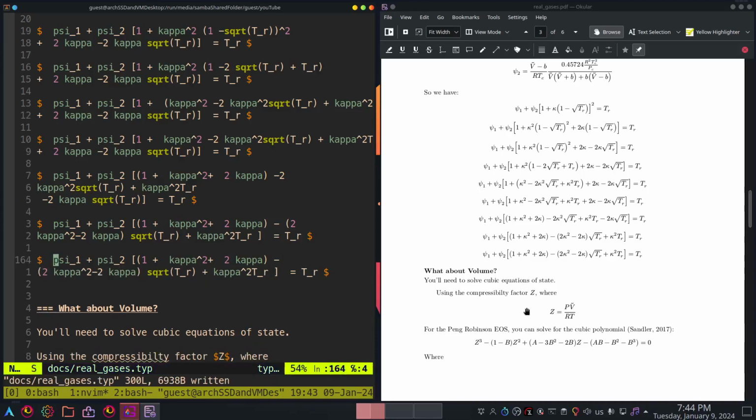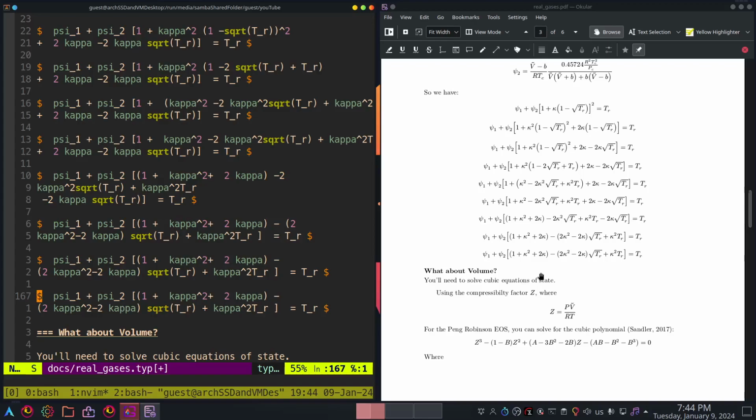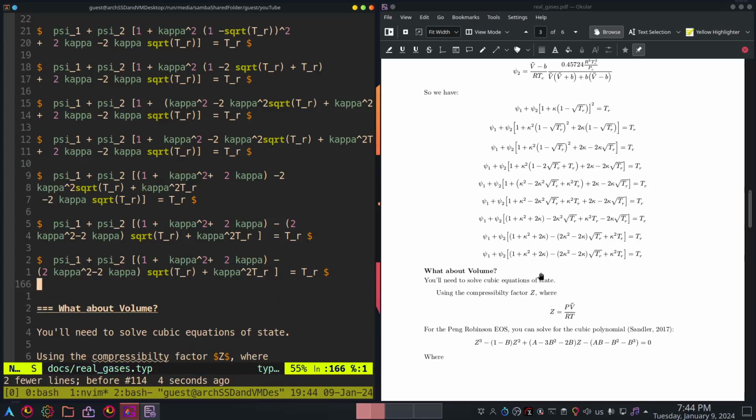And then we want to multiply the psi2 throughout. Let me multiply psi2 throughout.